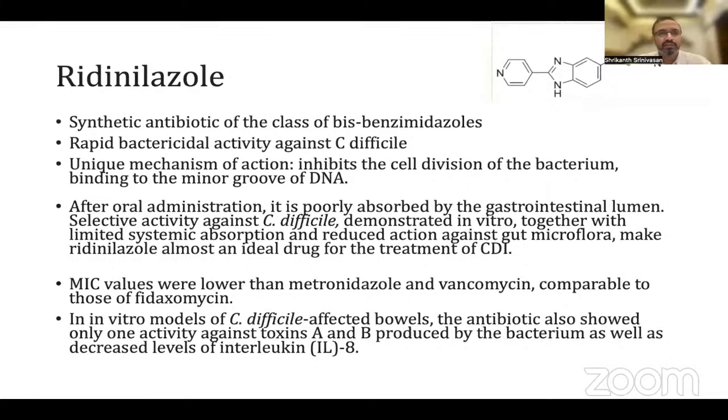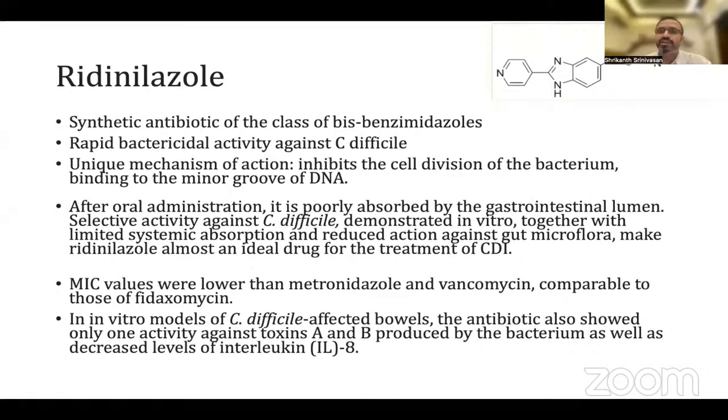So this new drug, ridinilazole, is a synthetic antibiotic of the benzimidazole class, with rapid bactericidal activity specifically against C. difficile. It has a unique mechanism of action. It binds to the minor groove of DNA. It's poorly absorbed through the gastrointestinal lumen, so it acts like a decontaminant agent, and it acts specifically against C. difficile.